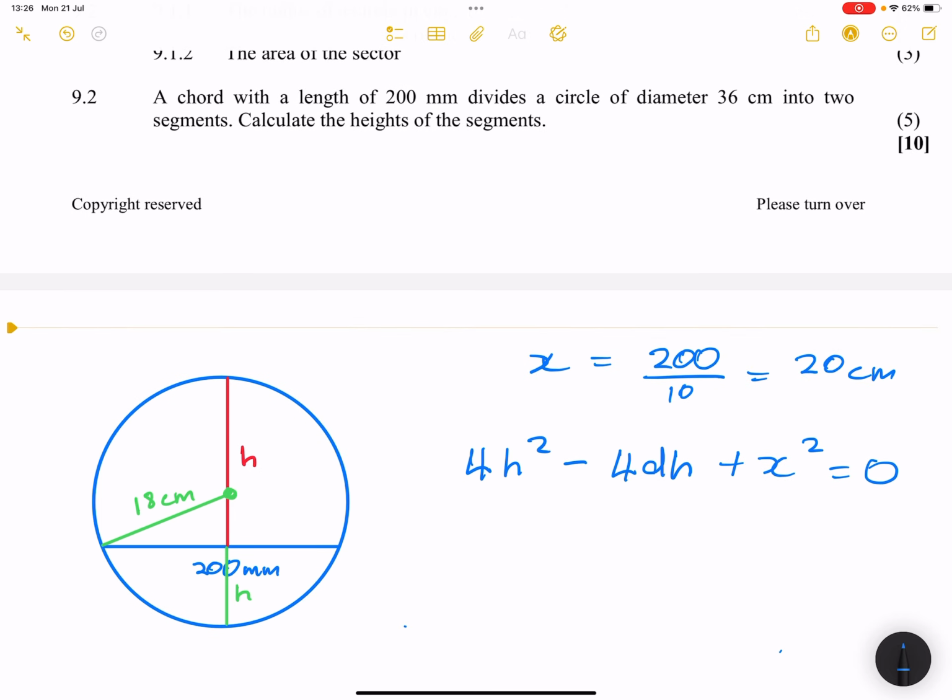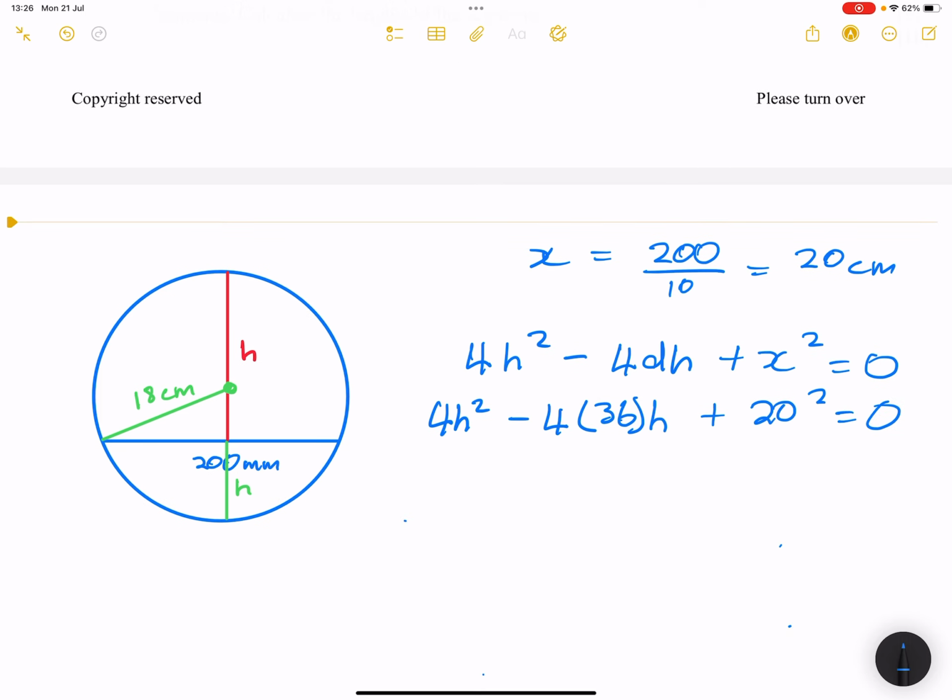So I'm going to say this is going to give me 4h squared minus 4 times my d value, which is 36, multiplied by h, plus 20 squared is equal to 0.